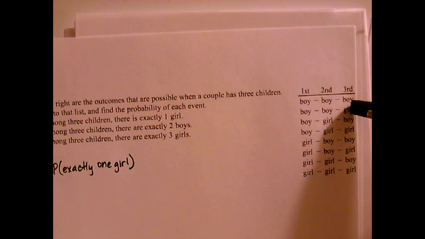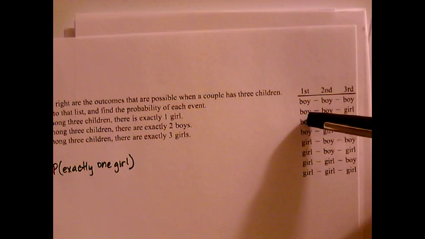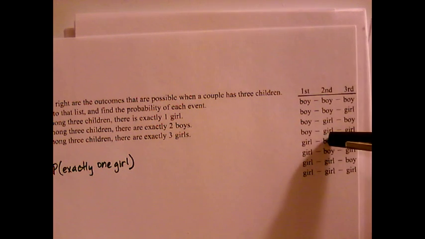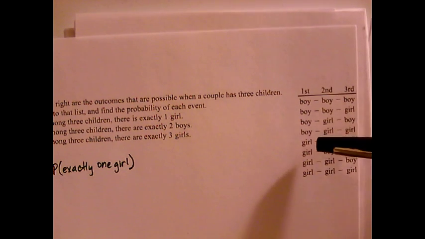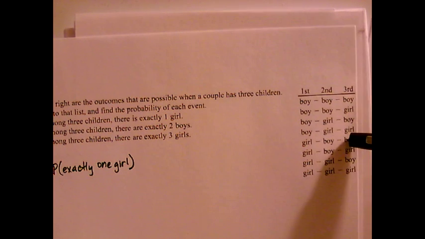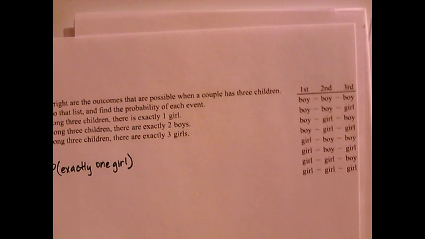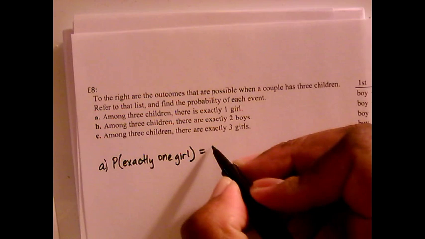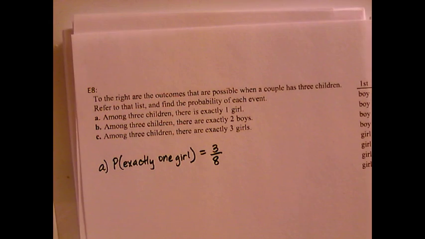Okay, that's one event. The other one is right here, a boy, a girl, and a boy. That's exactly 1 girl. And this one right here, a girl, a boy, and a boy. There's exactly 1 girl in this particular situation. So here you have 1, 2, 3 different situations or 3 events where you have exactly 1 girl. And that's out of 8 events. So the probability of exactly 1 girl would be 3/8.